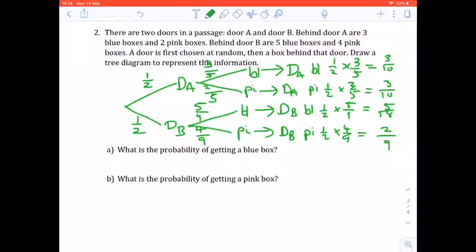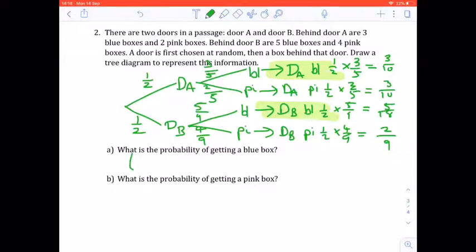What is the probability of getting a blue box? So the only way to get to a blue box is to first open a door. And the 2 that have blue boxes are this third one and this first one. So we have to take both of those branches' probabilities and add them together.